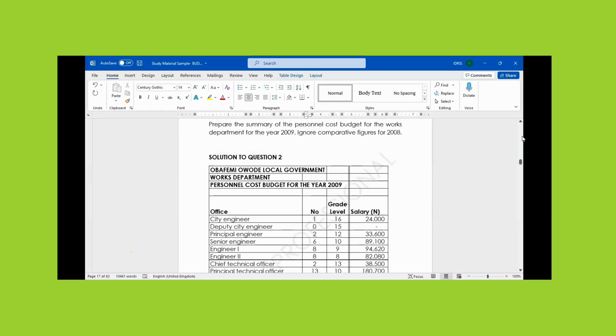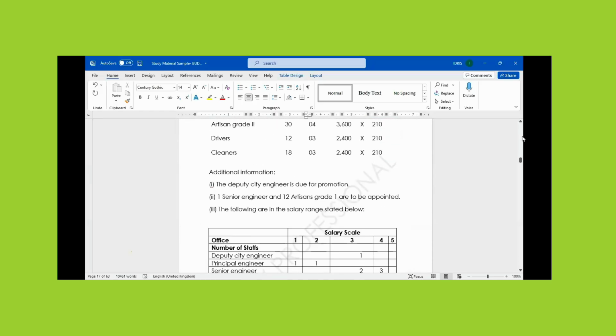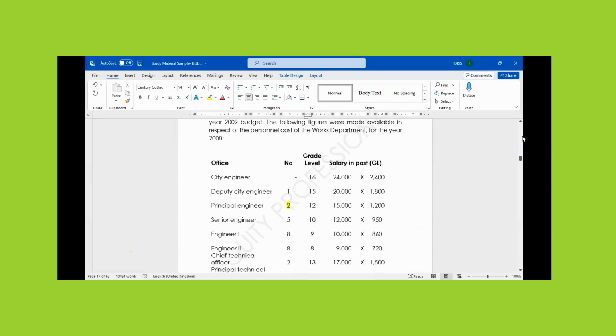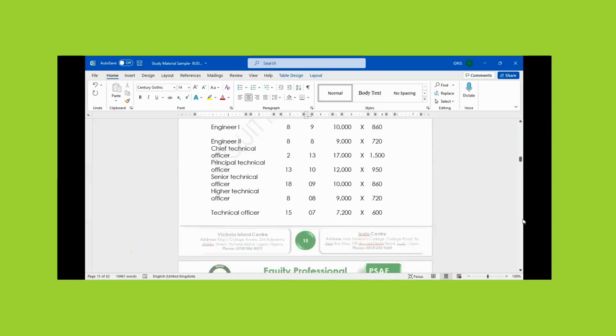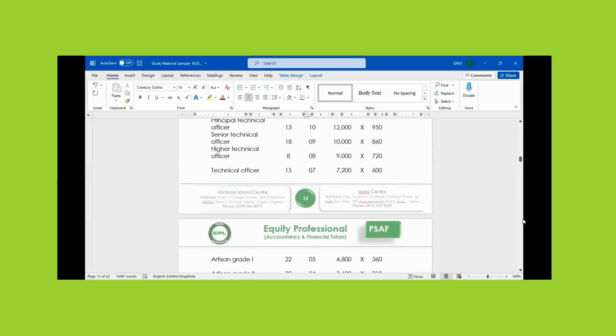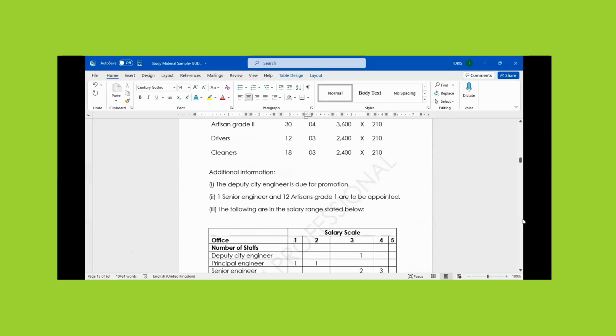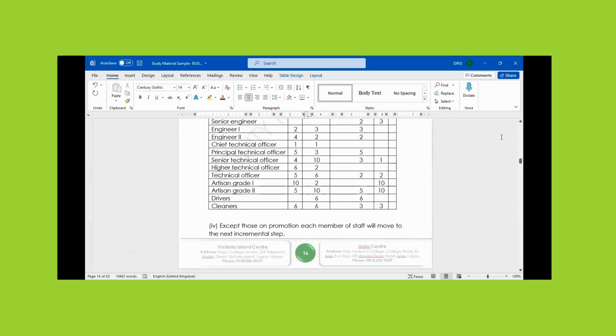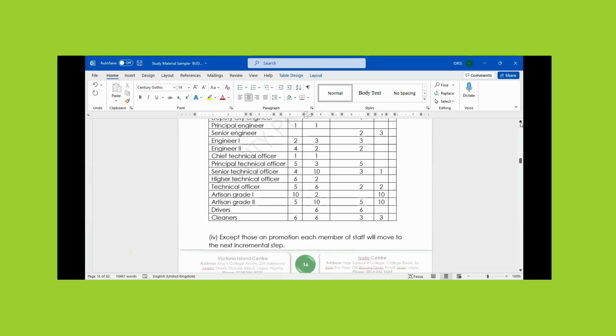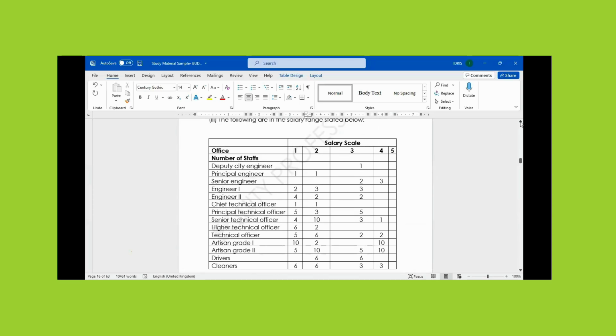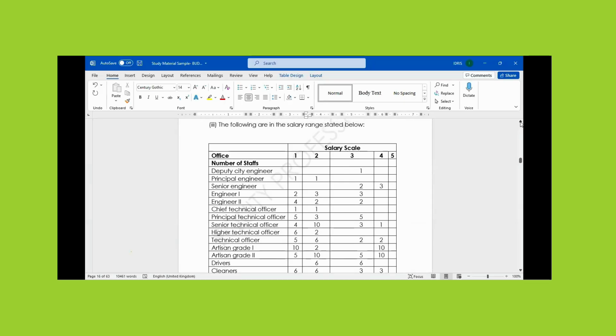Engineer 1. How many staff are in engineer 1? 8 staff. Let's go and check the salary range. What is the breakdown of that 8? 2 staff are in step 1.